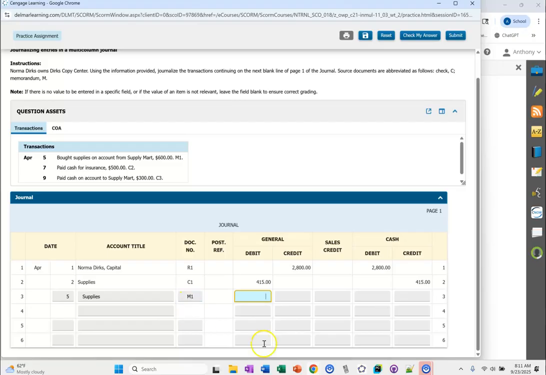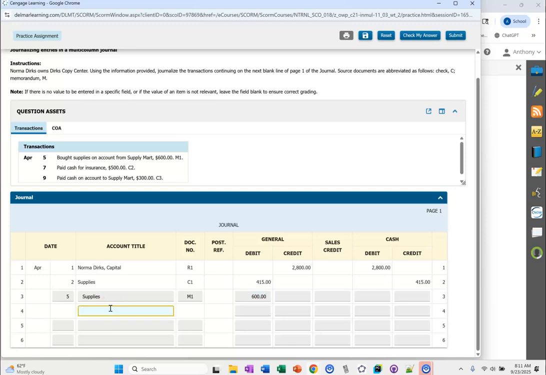And what's going to go in general? So this is supplies. Are we going 600 debit? Anything else in that line? No, right? Because how are we paying for these supplies? On account.